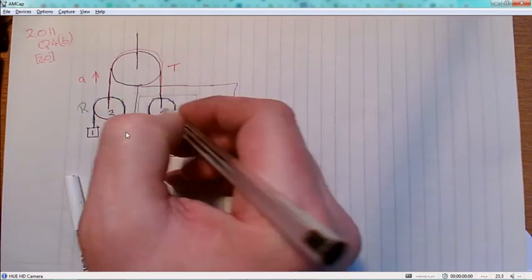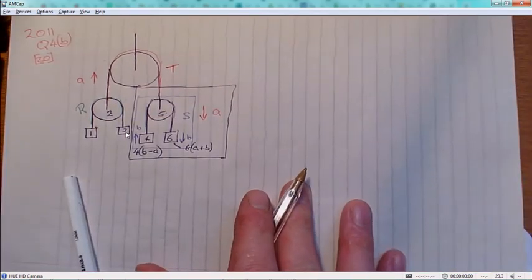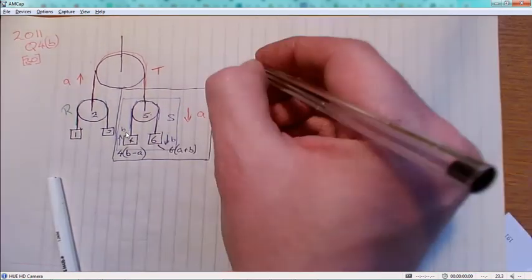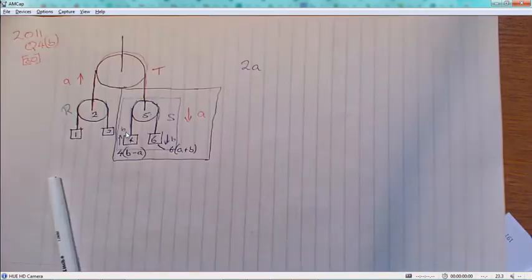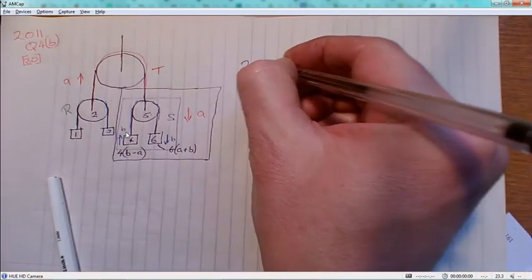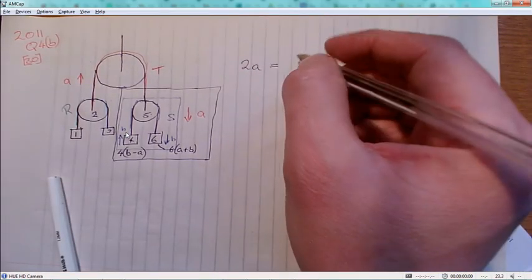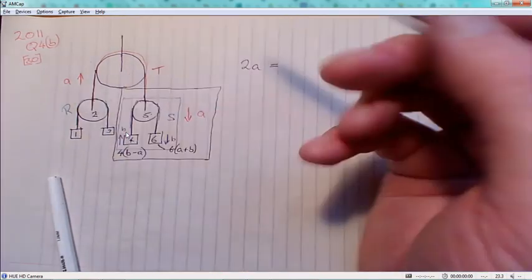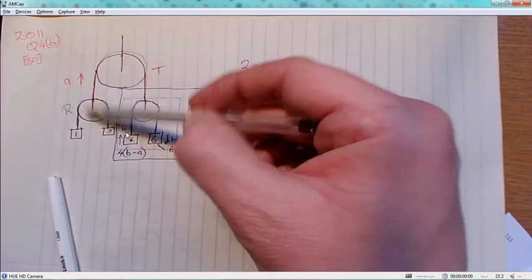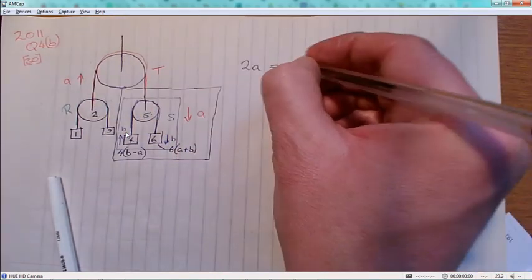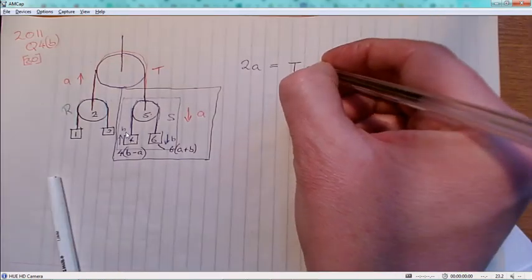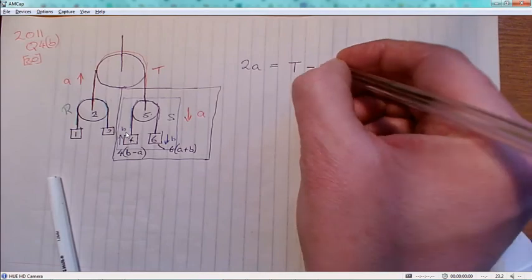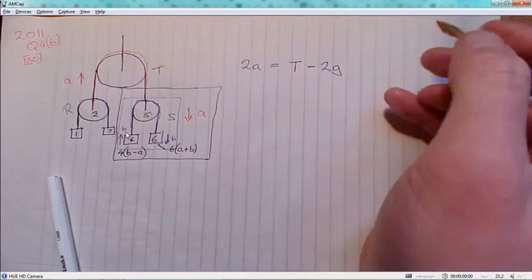I'd be most comfortable to start with the two biggest masses. The net force on the 2 mass particle is 2a, and that relates to its mass and its acceleration. What's causing this 2 mass to move? It's the tension, so it's being pulled up by this rope T, and what's preventing it from rising with the whole T is the 2g.